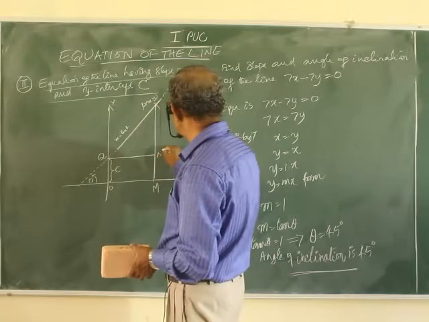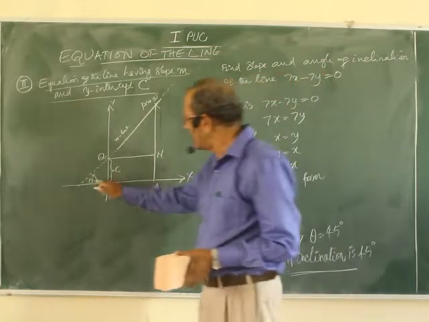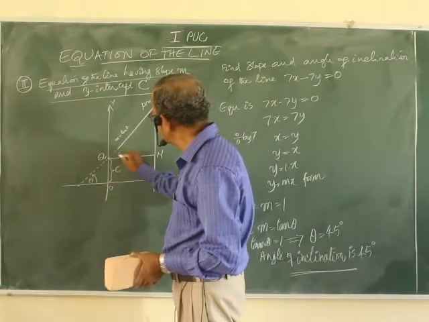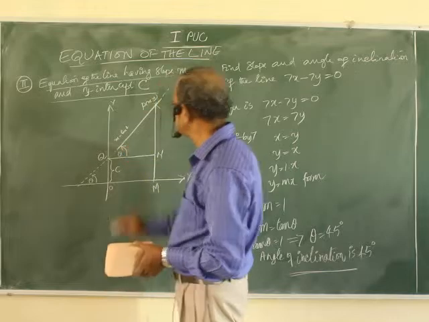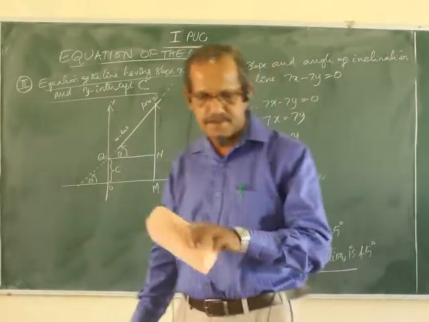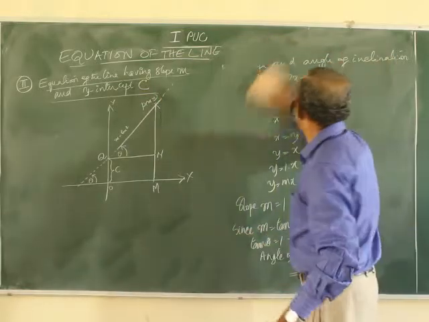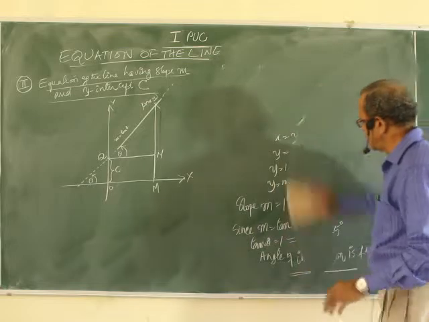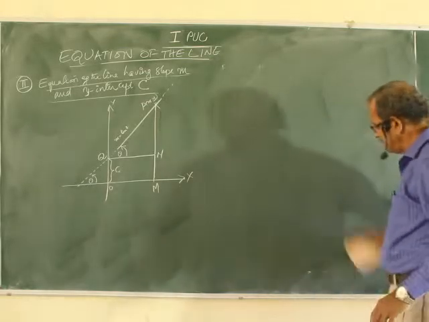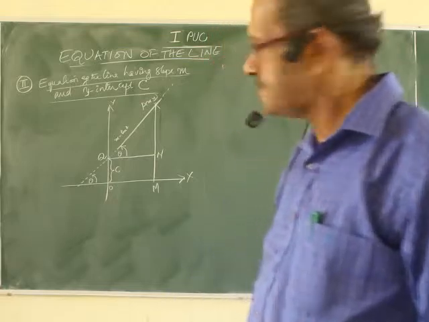Let it be N. These two are corresponding angles. No doubt this is also theta. Now, how to write the equation of the line? Draw the figure correctly.